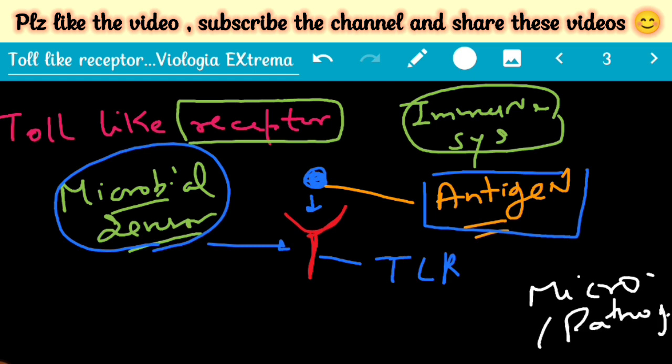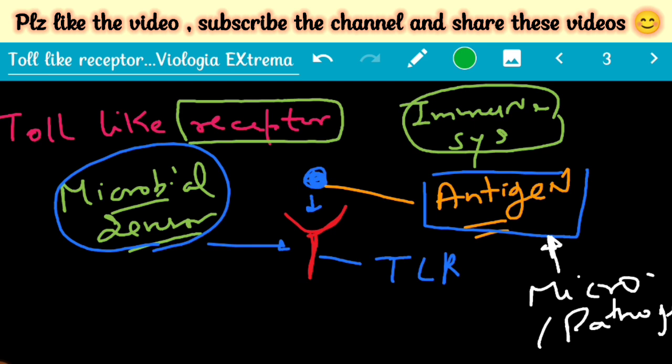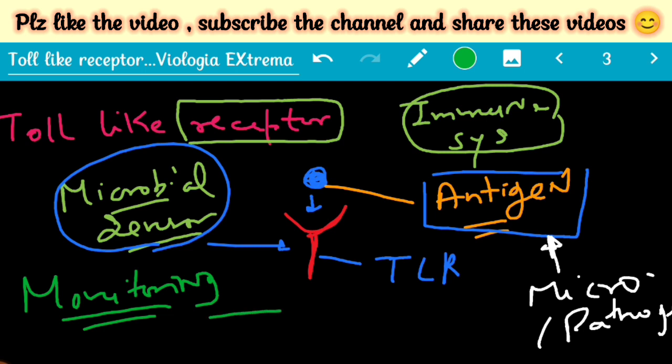We have so many cells in our immune system, and these cells are constantly monitoring the body, roaming the body and searching for pathogens. When they find these pathogens, they find them in the form of antigens.